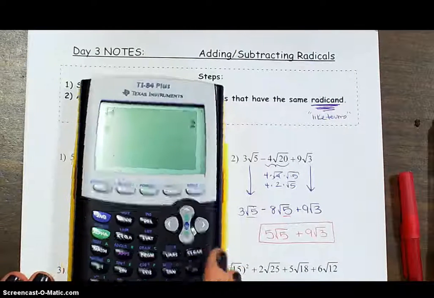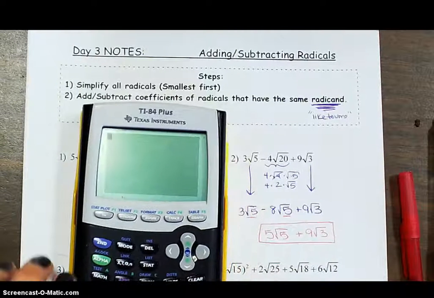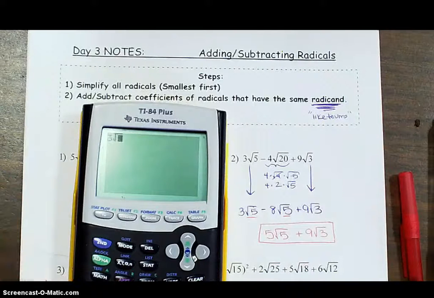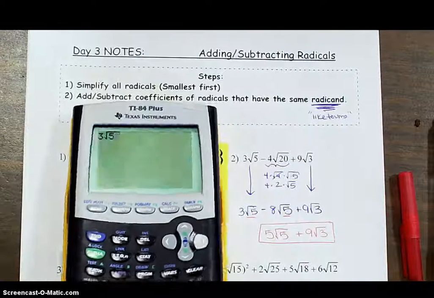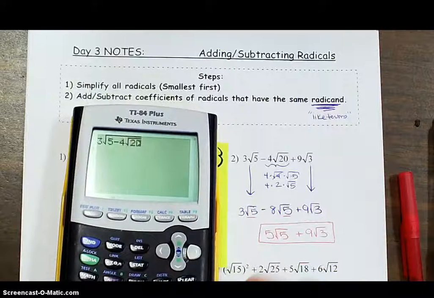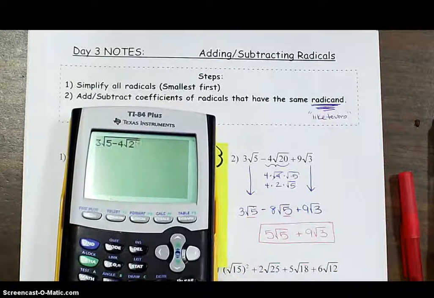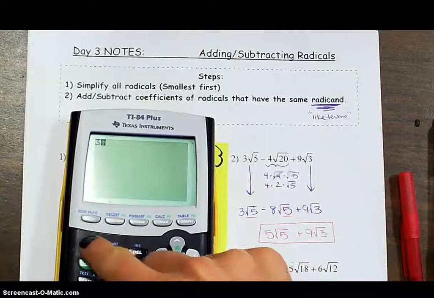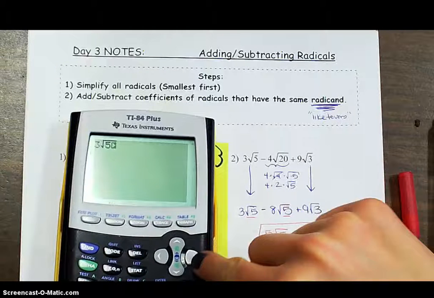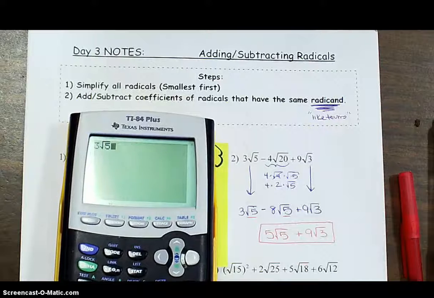Now, let's say you weren't sure if this really worked. Well, we can always check it in the calculator. So 3 radical 5, oops, let's see if I can get that better. There we go. Minus 4 radical 20. Oops, I made a goof because that first radical sign is still going over, so I have to start this over. So let's try 3 radical 5. I have to use my over arrow, so I go to the outside of the radical symbol.